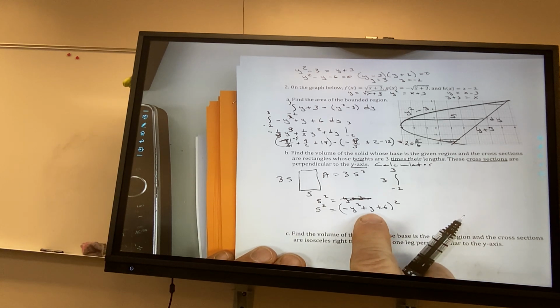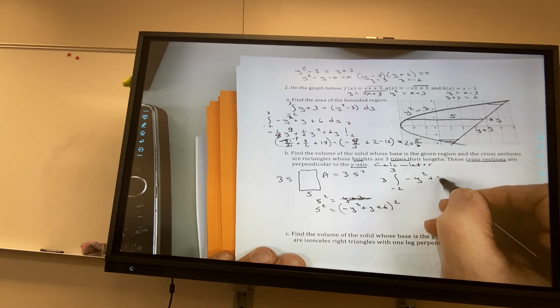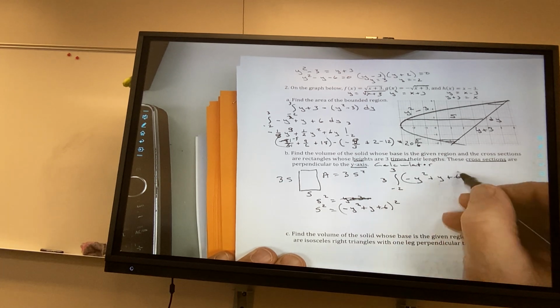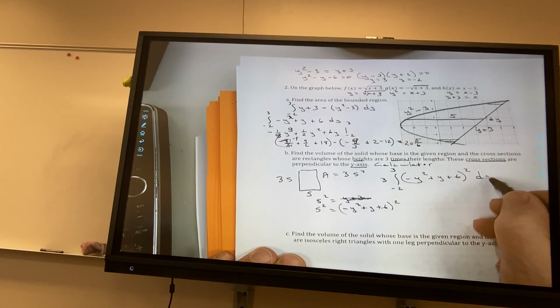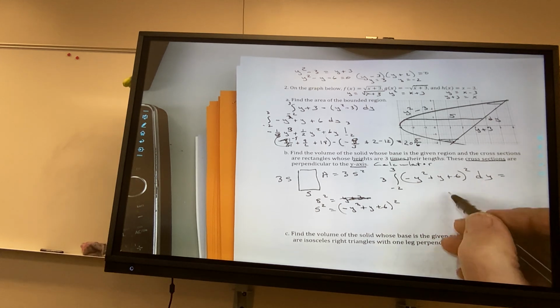Well, they're never going to have you multiply out a trinomial, square a trinomial, so I knew that, so I just did it by my calculator. So I put this into y1, and so I had y1 squared, and I came up with 965.